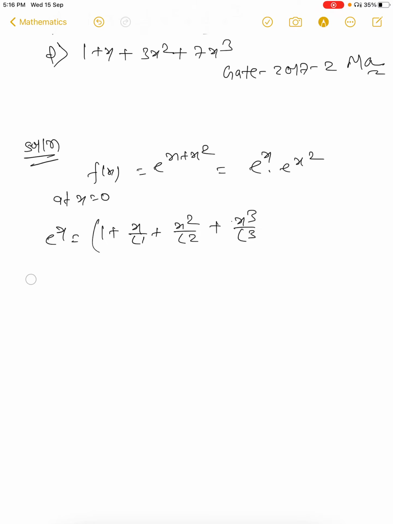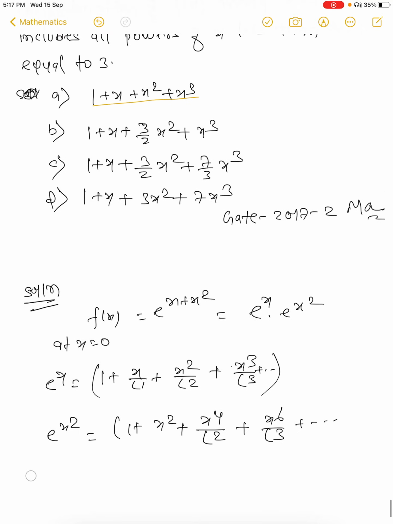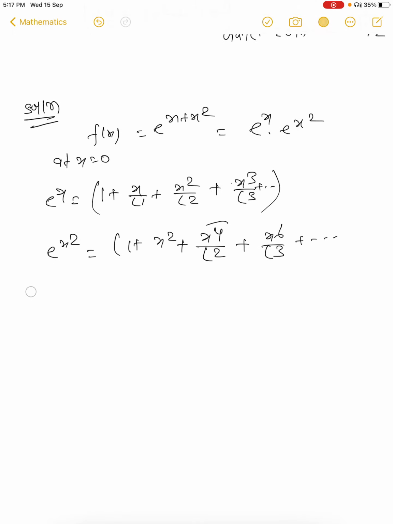Okay, and e^(x square) will be 1 plus x square, okay, and plus x^4 by factorial 2 plus x^6 by factorial 3 plus so on, okay, and we have to take up to power 3, not more than 3, okay. So we cannot consider this part, because it becomes greater than 3, and we have to take up to 3. So here both multiply, okay, and take up to power 3, check it.